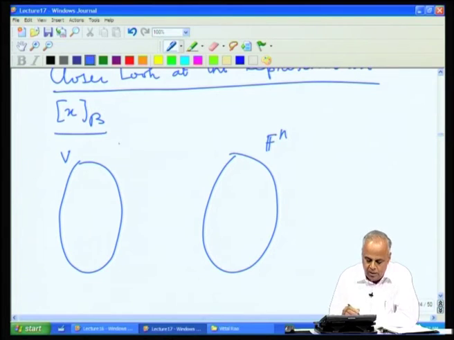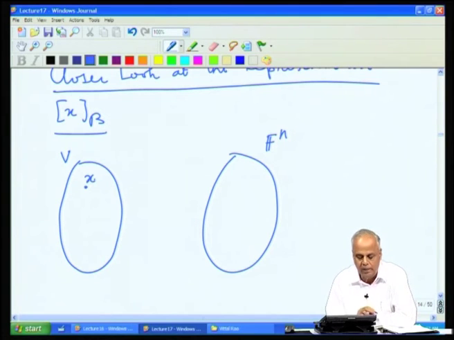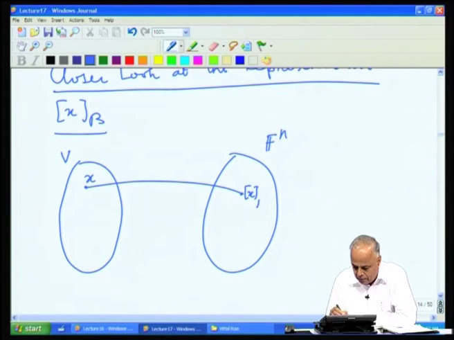If you choose an ordered basis B for V and take a vector x, it gets converted to a vector x B through the basis B. So, the moment you have an ordered basis B for V, any vector in V gets converted to a vector x B in F^n.